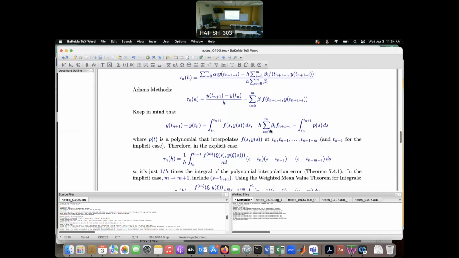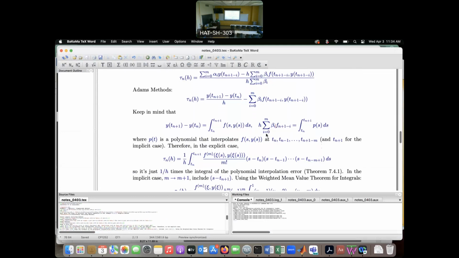Recall from last semester, from early chapter 9, that the exact integral of some function f is approximated by the exact integral of a polynomial that interpolates f at select points.